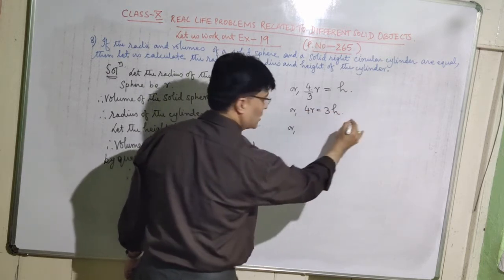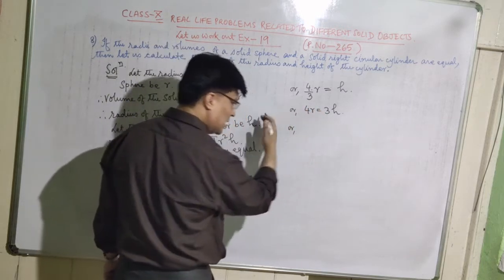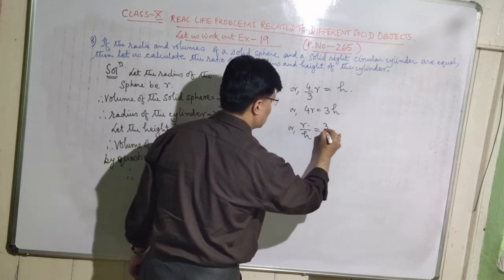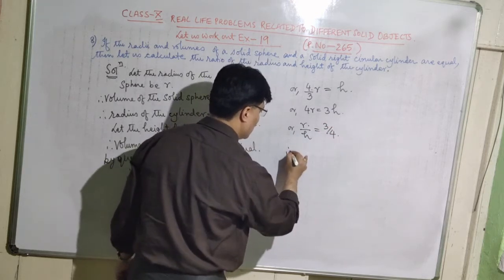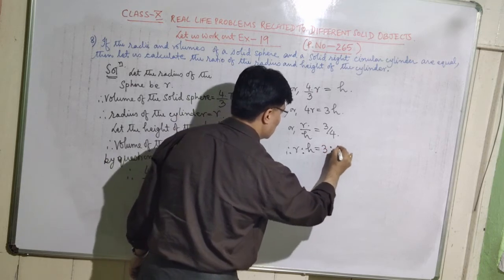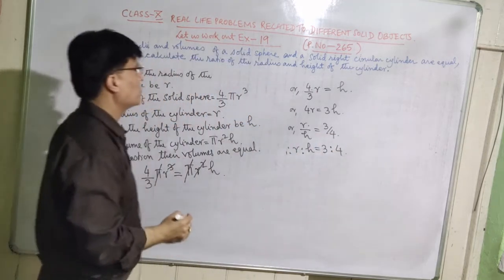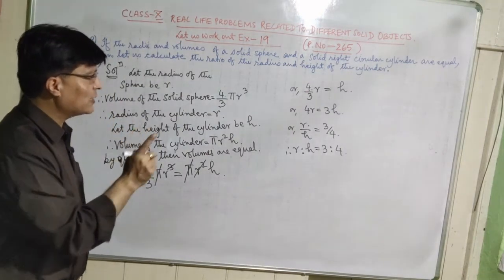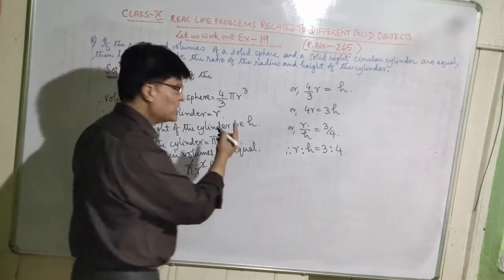Now 4 is taken to the right hand side and h is taken to the left hand side. So this is r upon h is equal to 3 upon 4. So this is r is to h is equal to 3 is to 4. So what is the ratio of the radius and the height of the cylinder? It is 3 is to 4. This is the answer.